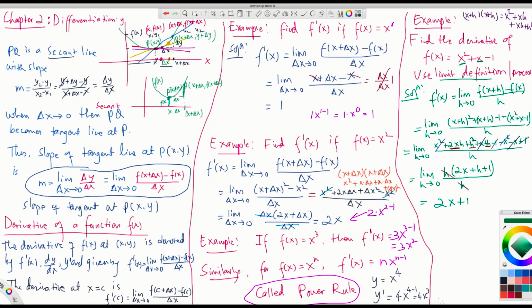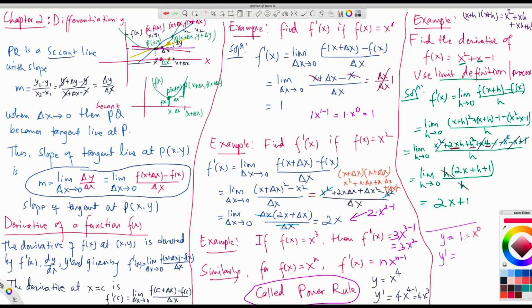Why? Because you can use the power rule formula again. Let me show you how I can use the power rule formula to find the derivative of a constant. Suppose y is say 1. How do I find y prime? How can you write that 1? You can write 1 as x to the 0, right?